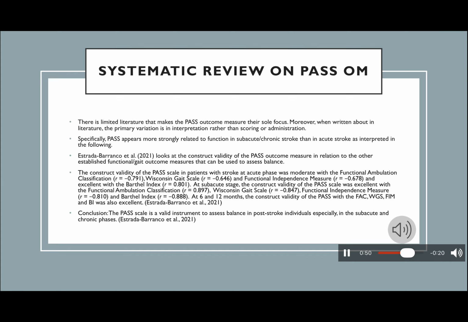However, in the subacute stage and beyond, the PASS demonstrated excellent validity across all these measures, and this strong correlation was maintained at 6 to 12 months, which is the chronic stage. So overall, this suggests that the PASS is a valid tool for assessing balance in stroke patients, particularly in the subacute and chronic phases.